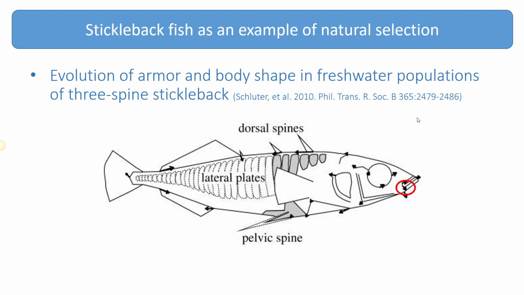In general, the lake populations had jaws that rotated downward, gills that moved backward, eyes shifted forward and upward, and reduced defensive armor.